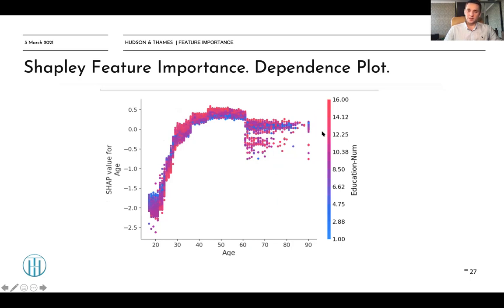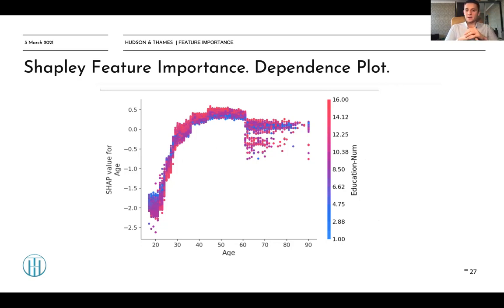What we can also see here is that our feature age interacts mostly with the education num feature, and it uses the heat plot to also plot the values of our education num with the age feature, so that we can read this plot not only in terms of one feature, but also in terms of how two feature interactions impact the model output.